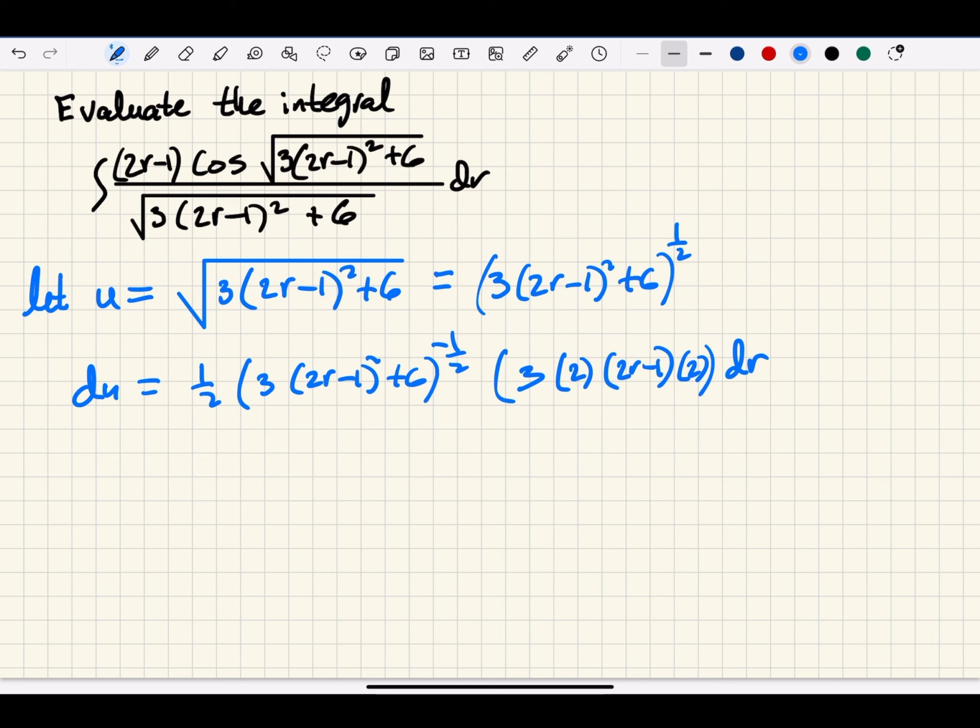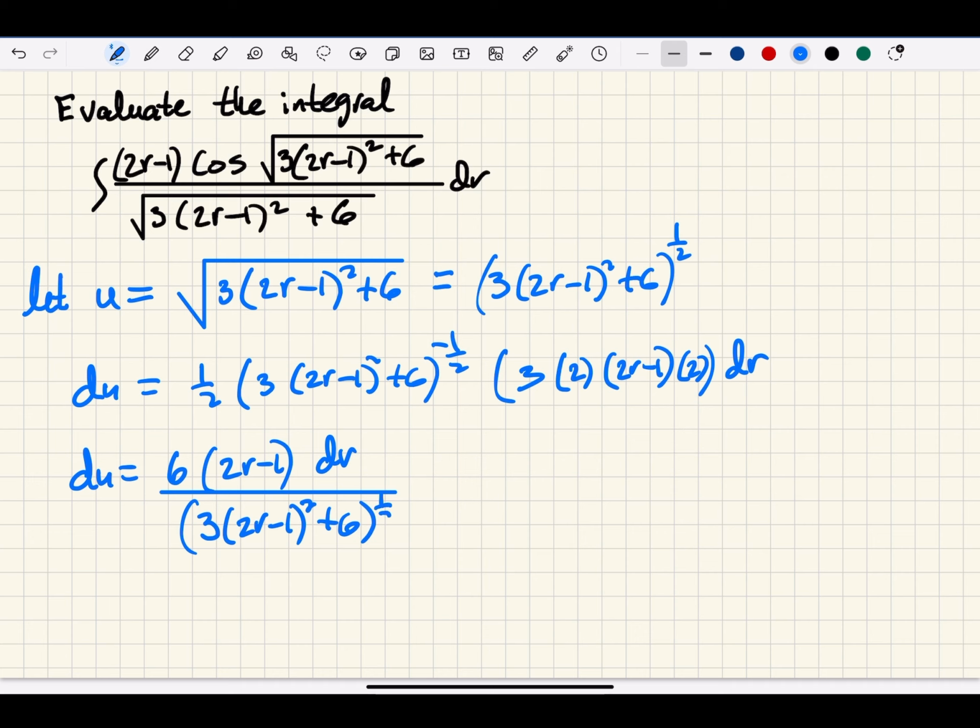Now we can simplify this a little bit, and we would have the 1/2 canceling with one of these 2s. So we would have 6 times (2r - 1) dr over, and this negative exponent can go to the bottom, 3(2r - 1)^2 + 6 raised to the positive 1/2 power.